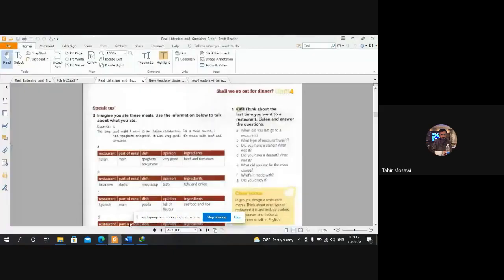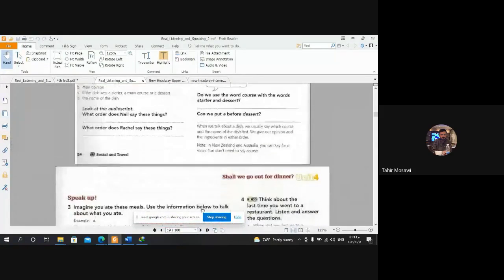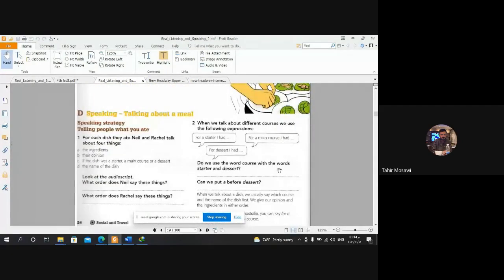Okay, so as you see here, we have another page left in our lecture on this unit, beside the last part of the previous page, in which there is also another speaking strategy for talking about a meal. So here the book presents another speaking strategy about telling people what you ate.